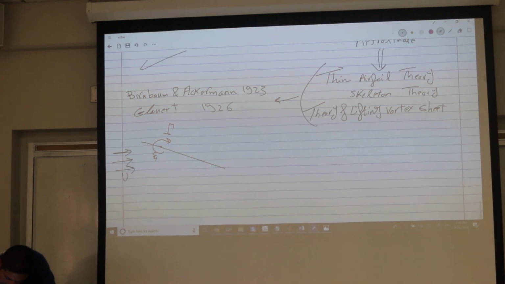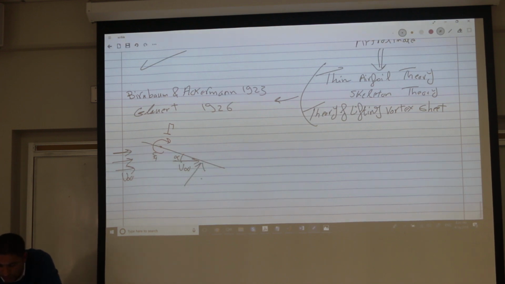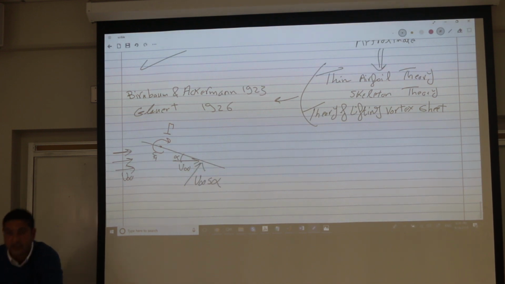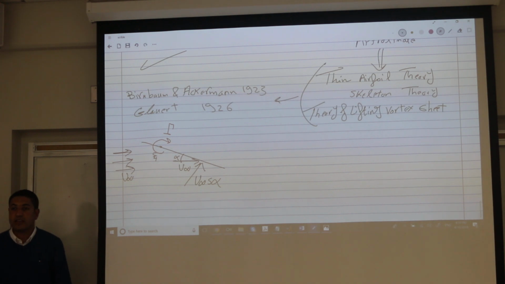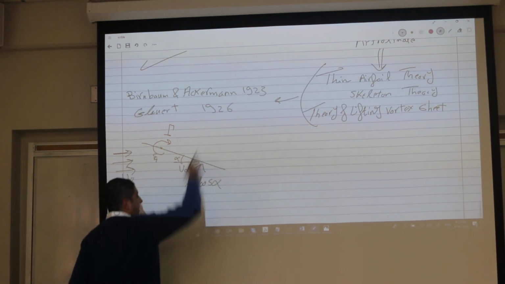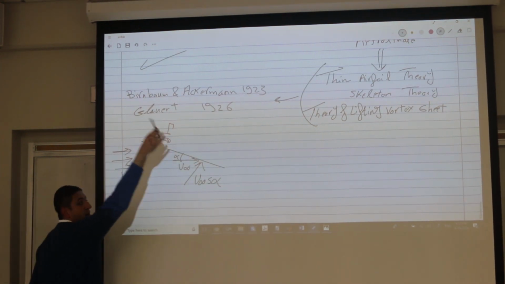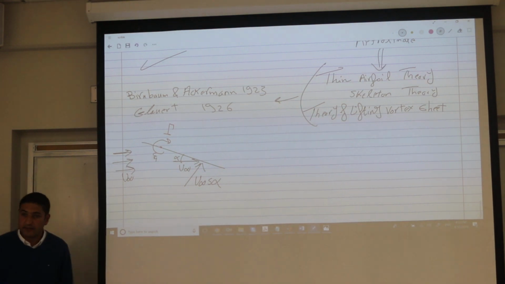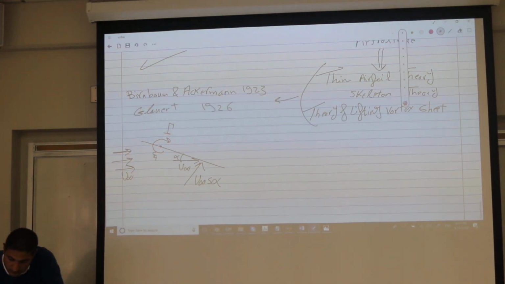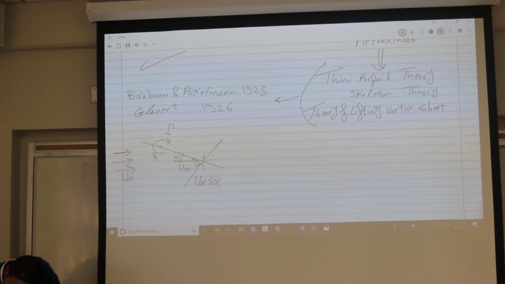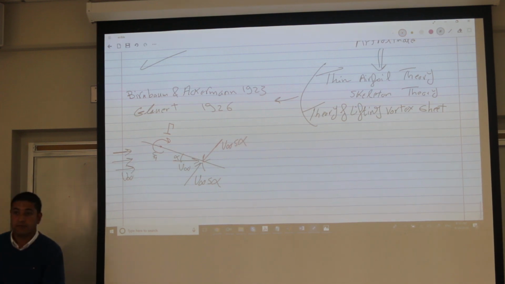The flow due to this is u infinity, so I have u infinity here. This is alpha, so this is the normal component, u infinity sine alpha, coming from the flow field. So I need u infinity sine alpha due to gamma coming from there, and that's it, right?